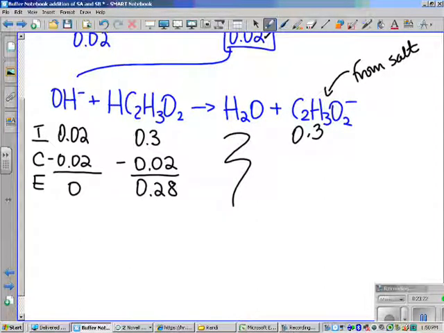What's lost on the reactant side is gained on the product side. So the ratio between hydroxide and C2H3O2 minus is 1:1. So if I lost 0.02 over there, I'm gaining 0.02 over here.